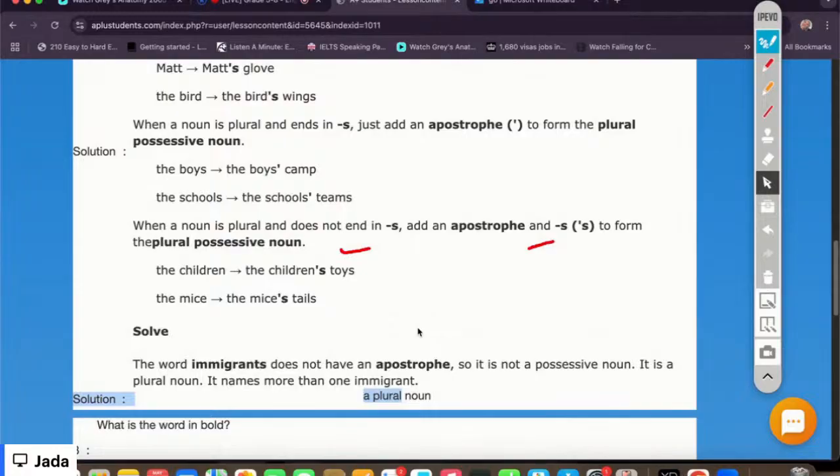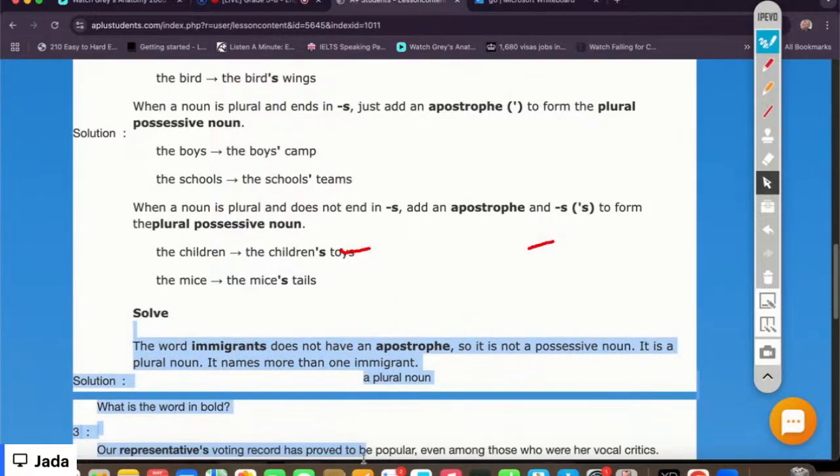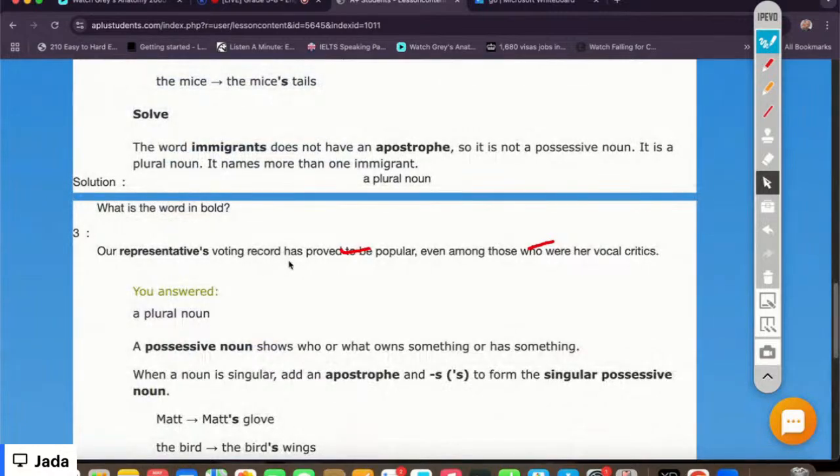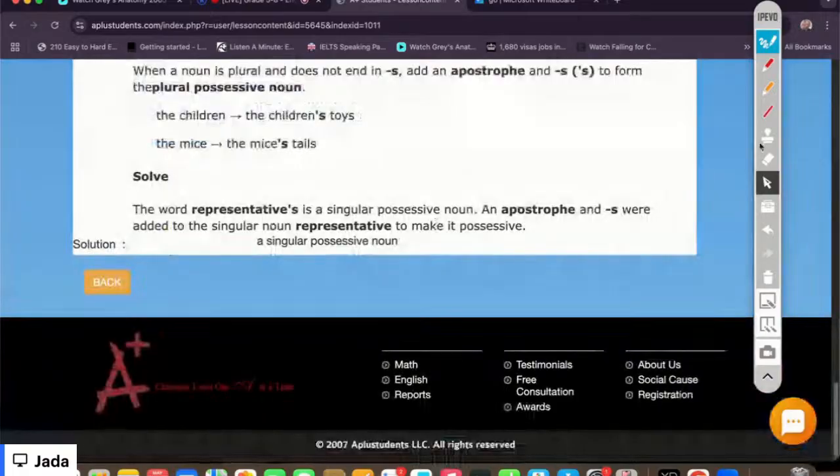It does not have an apostrophe. So our representative's voting record has proved to be popular even among those who were her vocal critics. So we have representative with apostrophe and s. So this is what? Singular possessive noun.